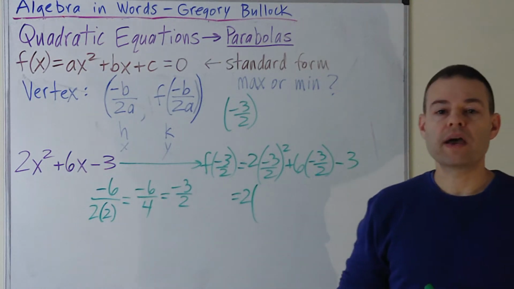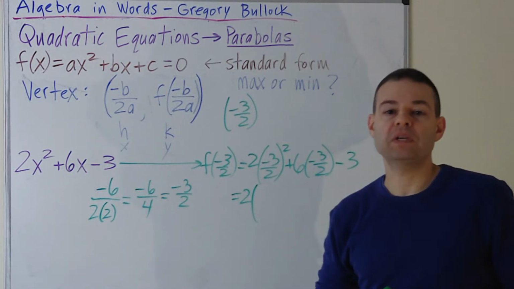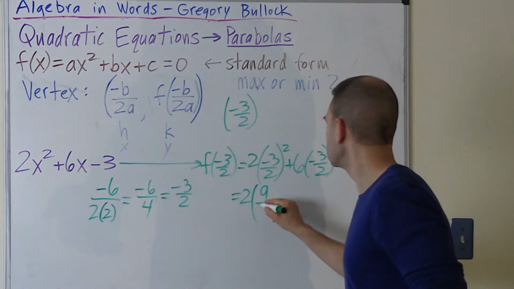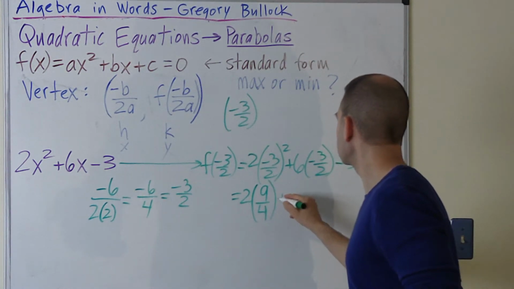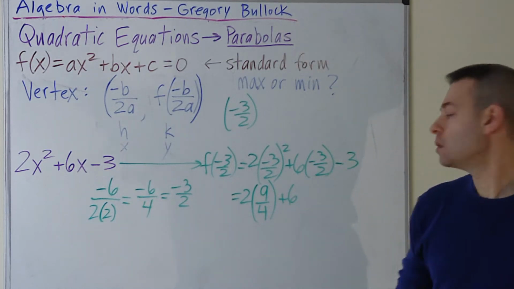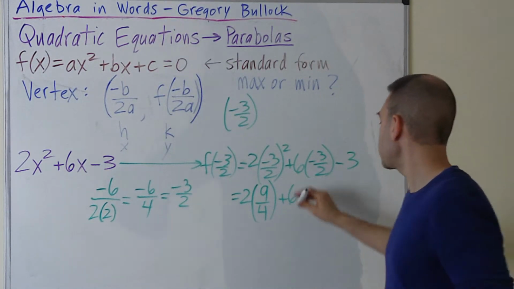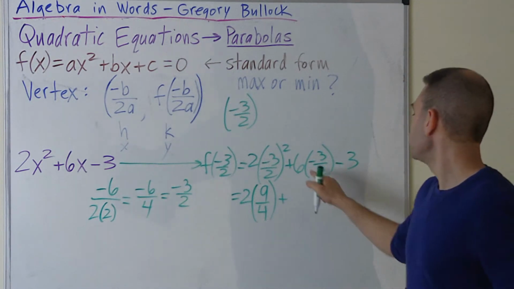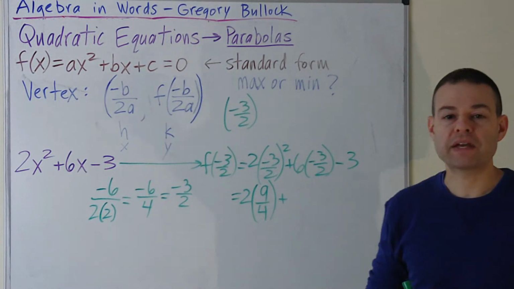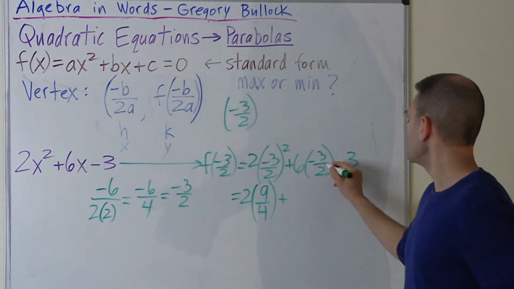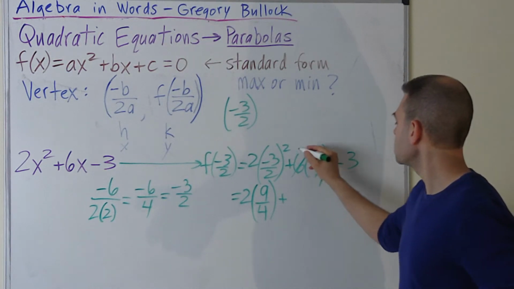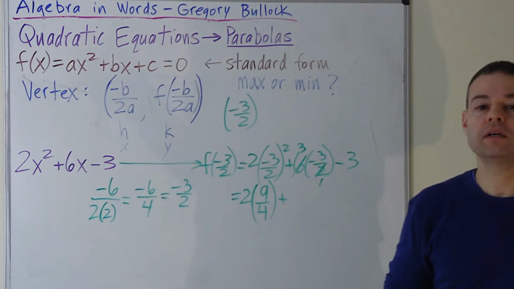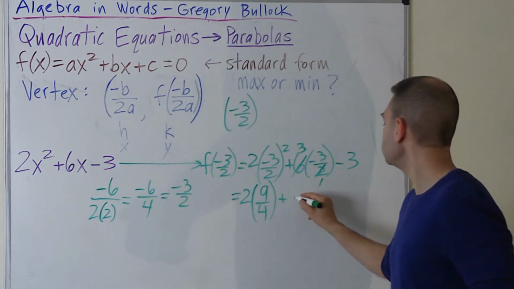And now let's square negative 3/2, which then becomes positive 9/4. We could bring down the 6, but actually we can simplify that. If we did 6 times negative 3/2, the 2 goes into 2 once and into 6 3 times. So 3 times negative 3 becomes negative 9.